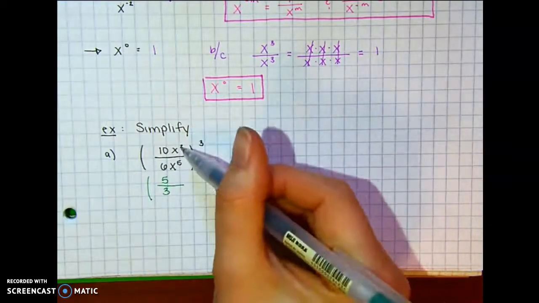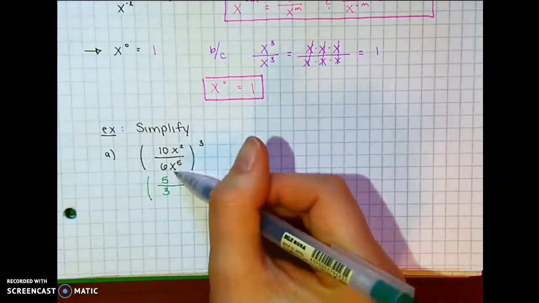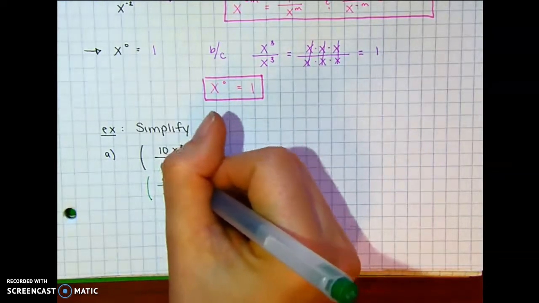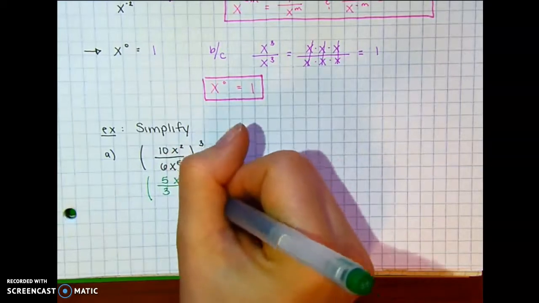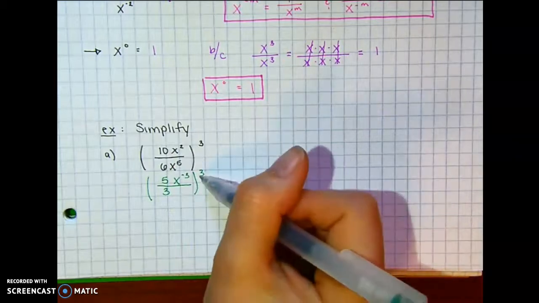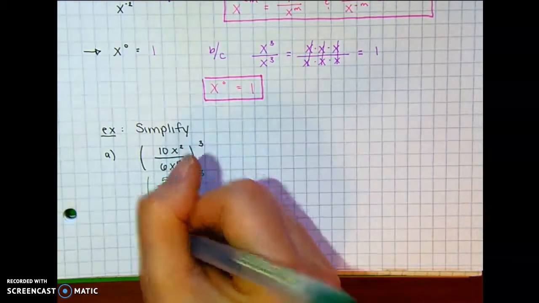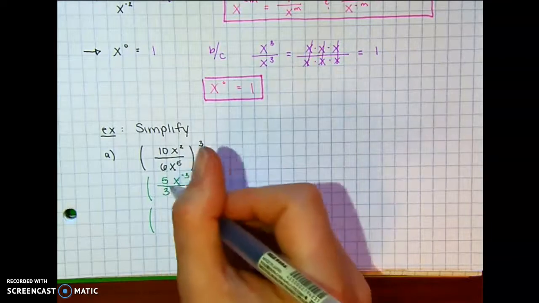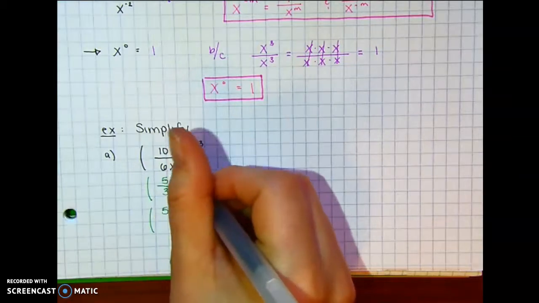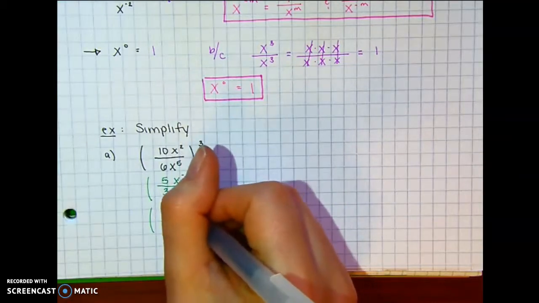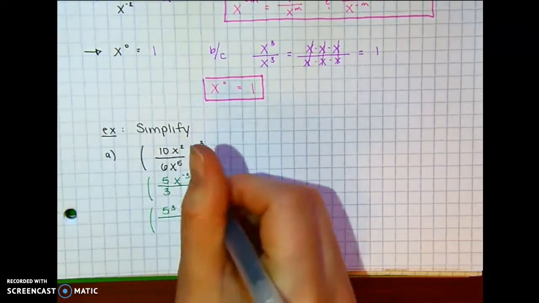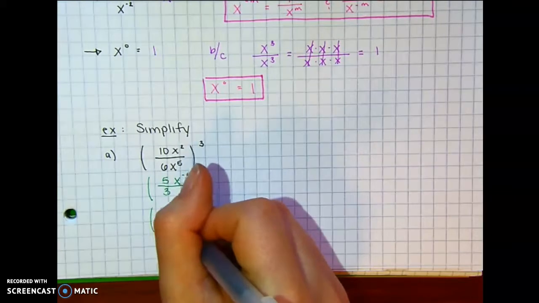And then we can subtract our x exponents because we are dividing. So it's 2 minus 5, that's negative 3. Okay, now I can use my power property. Be careful because it applies to each term. So we have 5 cubed, and then negative 3 times 3 is negative 9, and 3 cubed in the denominator.